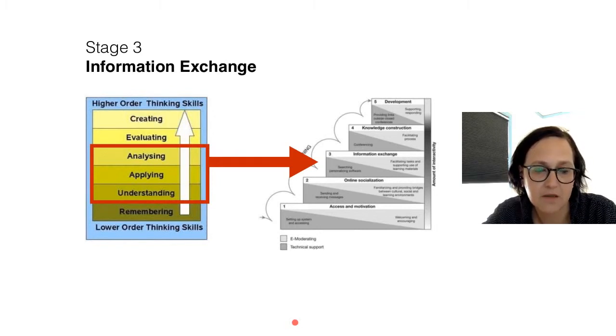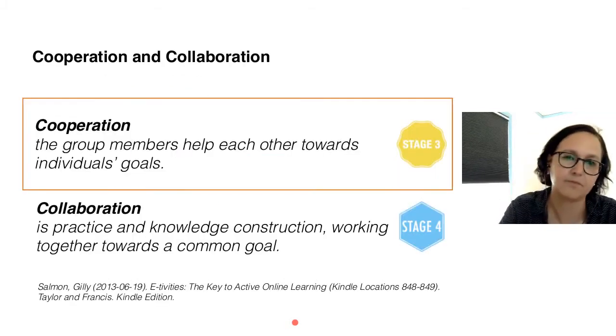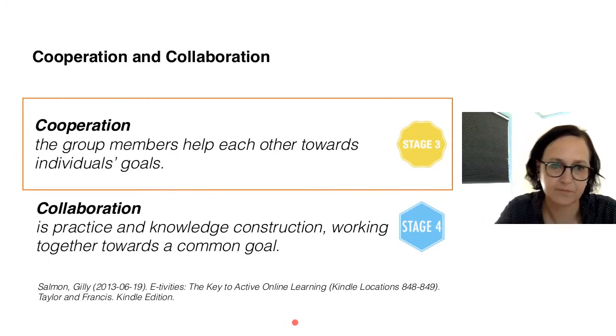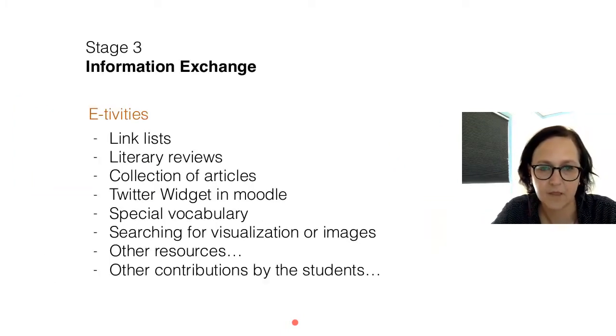You start now working with your own, finding your own topic in this whole course. So this is stage 3, very typical. Orientation is now important on a content level. Members help each other towards their own goals. So this is very classical for us.